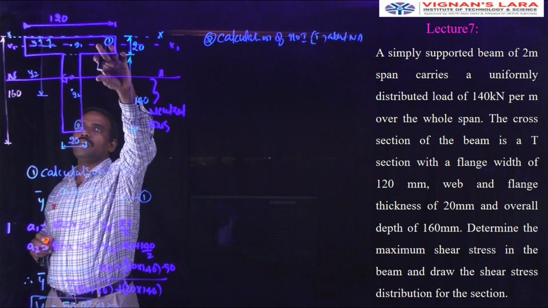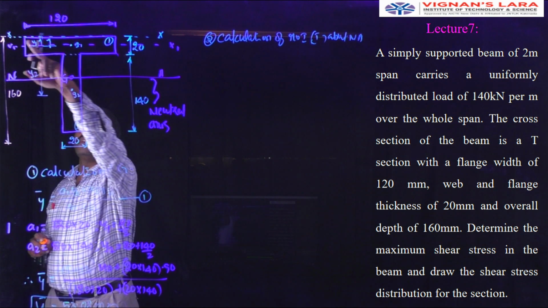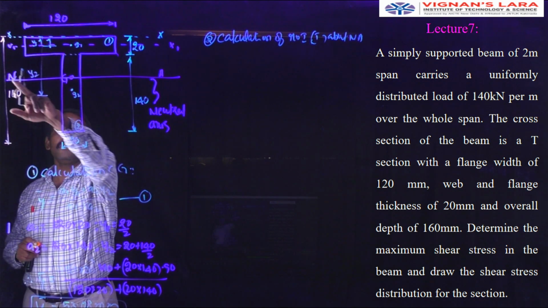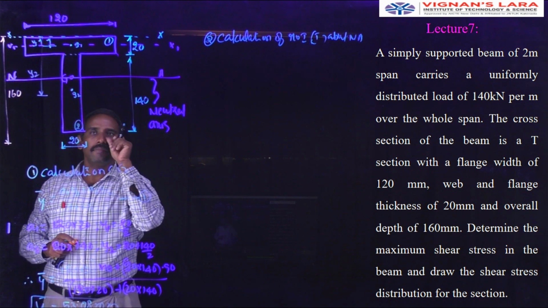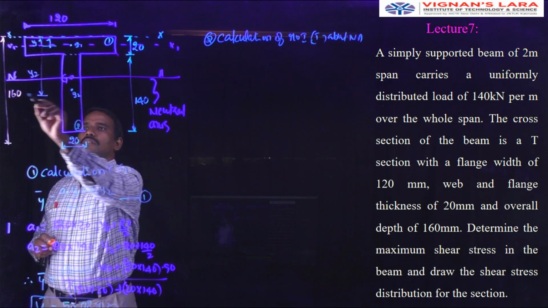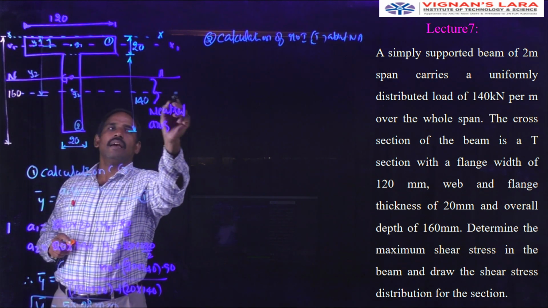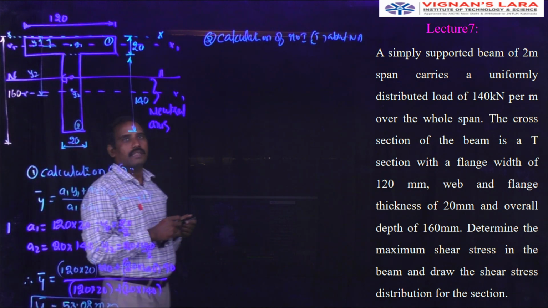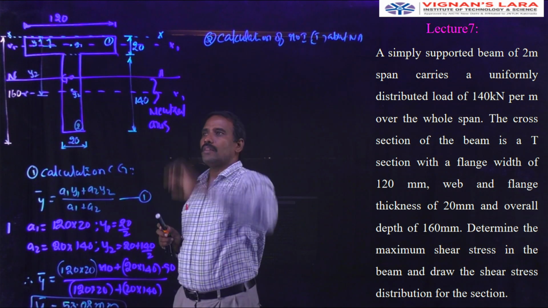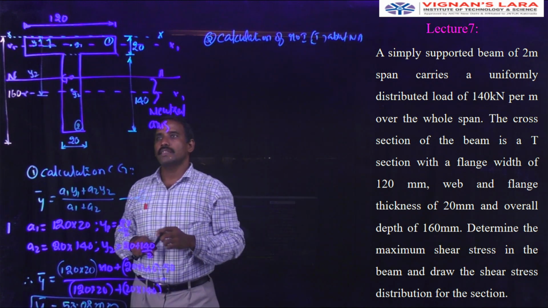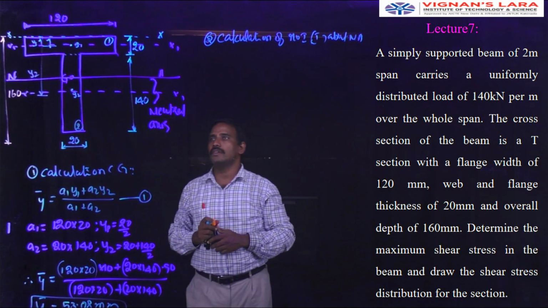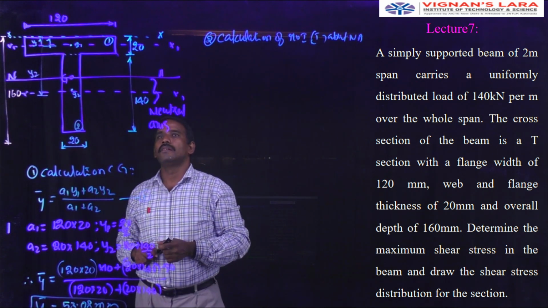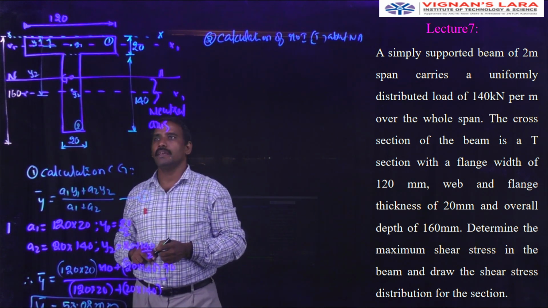By applying the parallel axis theorem, you can find the moment of inertia of this area about the neutral axis. Similarly, this is the axis of the second element passing through the centroid of the rectangle of dimensions 20 by 140. Again these two are parallel to each other, so we can apply the parallel axis theorem.